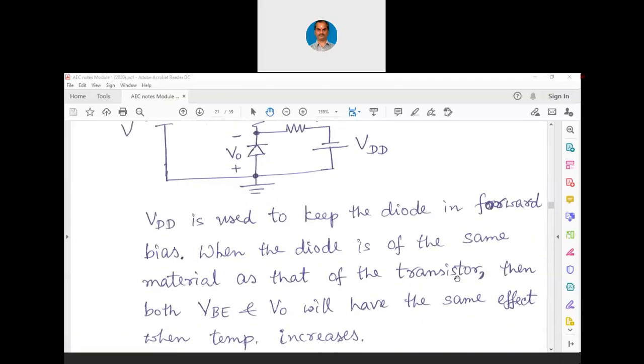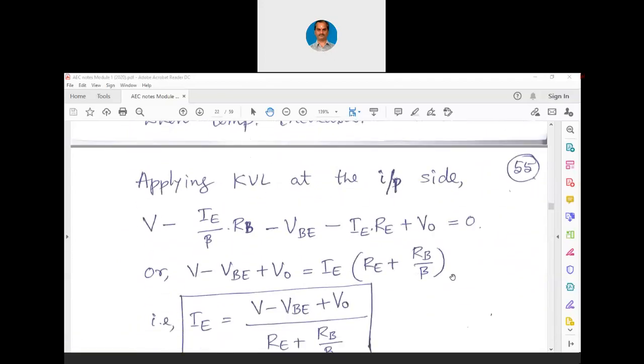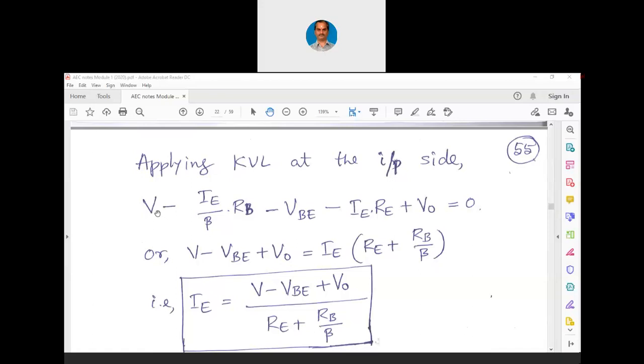Now applying KVL at the input side, at the base we have a supply voltage called V minus IE by beta into RB. That IE by beta is nothing but IB. IE by beta into RB minus VBE minus IERE plus V0 equals 0.